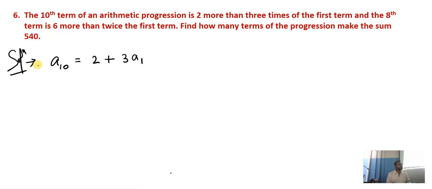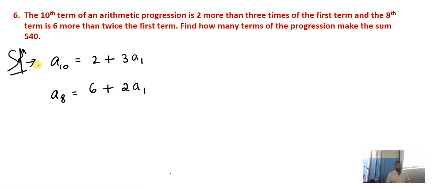Again I am repeating, the 10th term A10 is 2 more than 3 times the first term, 3 into A1. First case. Second, the eighth term A8 is equal to 6 more than twice its first term. Twice means double, 2 into A1. You write 2 into A1 or just 2A1, both are the same.